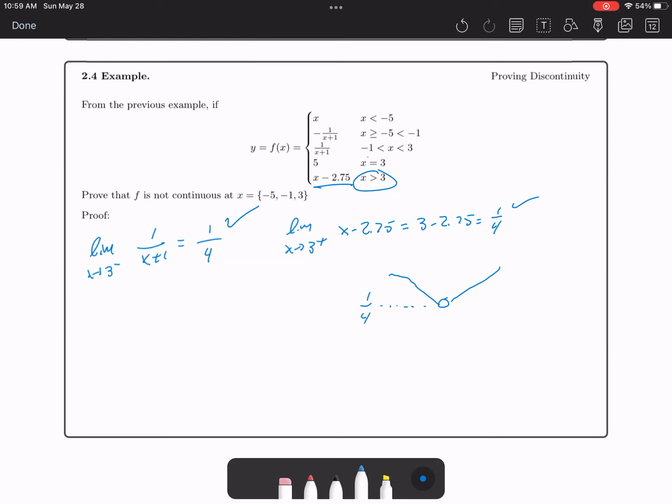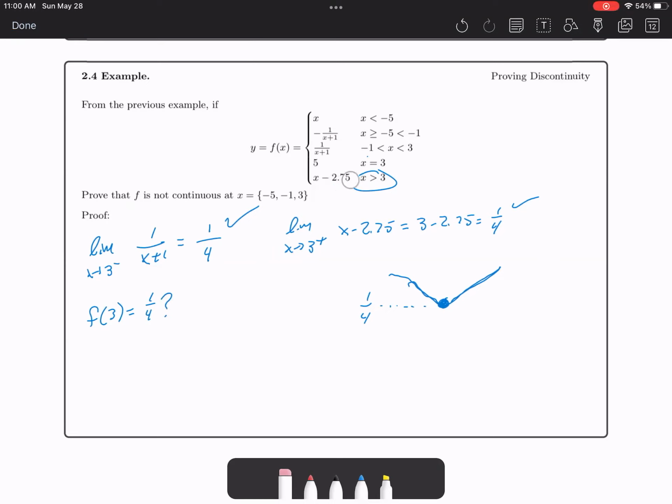The only question is, does that equal your function value? So is your function value also 1/4 at that point? Can you draw this without picking up your pencil? So the question is, does f of 3 equal 1/4?